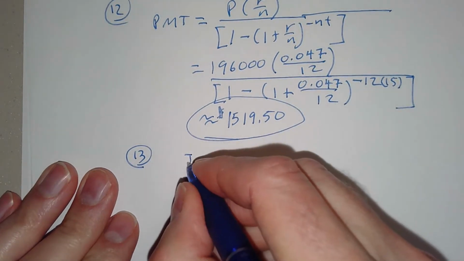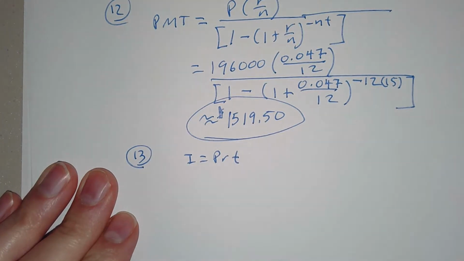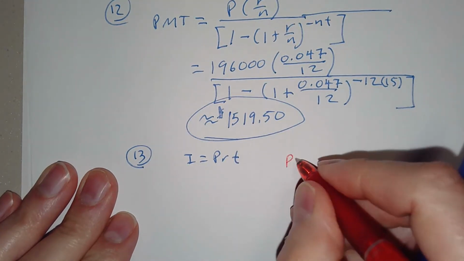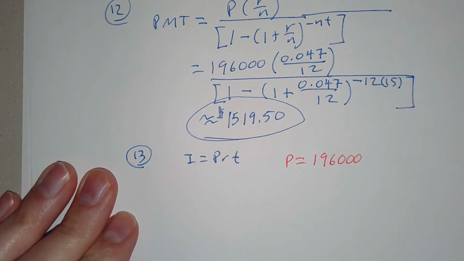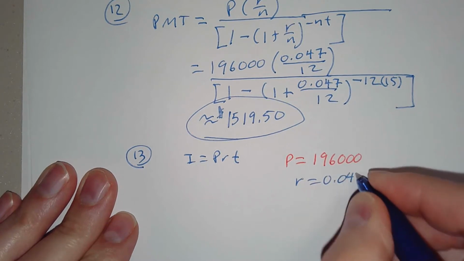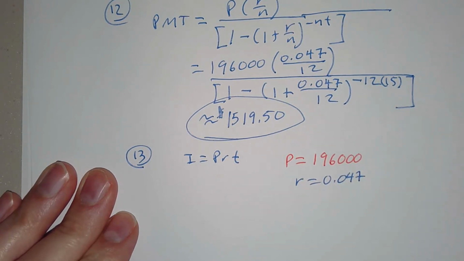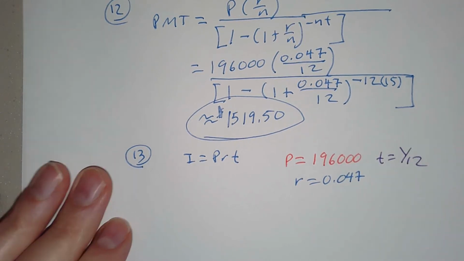We're going to do I equals PRT. Our P here is the 196,000. You already know that R here is 0.047, and we're doing this for the first month, so T is 1/12 of a year.